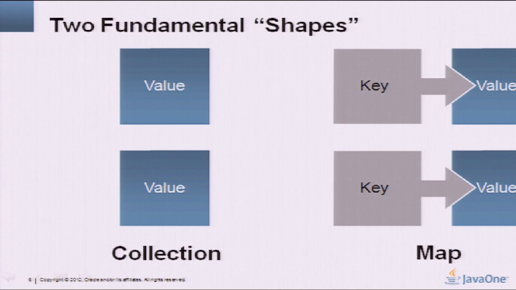The second shape in the Java collections is the Map shape, where you have a pairing of a key object and an associated value object. And again, it's just an aggregation of multiple key-value pairs. So those are the two fundamental shapes within the Java collections.